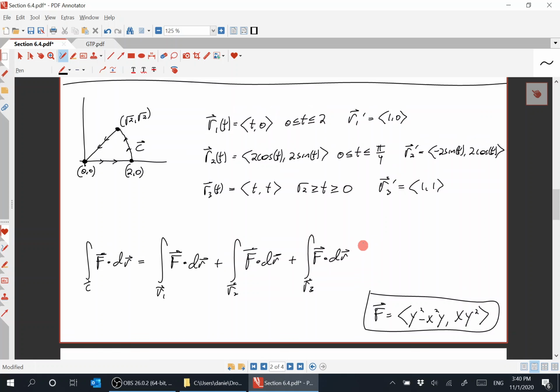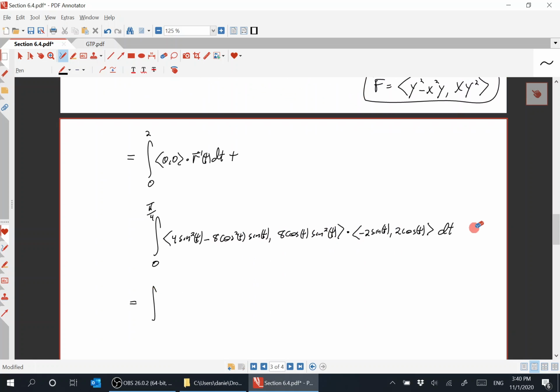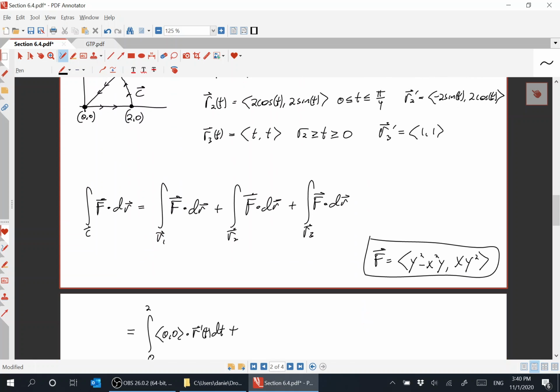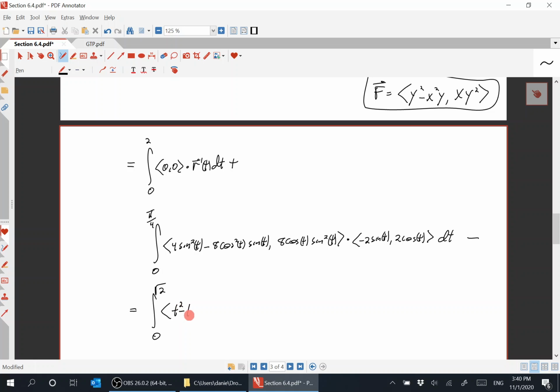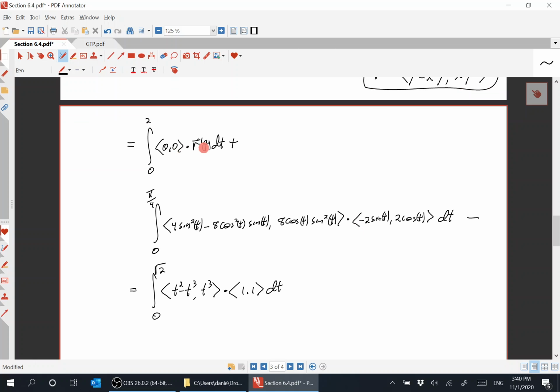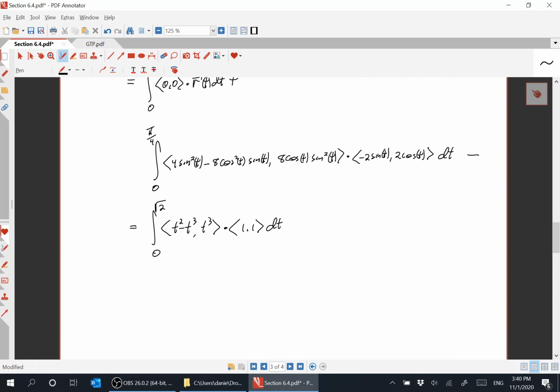But I want to flip that around, so instead of adding it, you have to subtract it. So now going from 0 to square root of 2, here x is equal to t, y is equal to t. So this is t squared minus t to the third, and that's t to the third, dot r prime, which is (1, 1), dt. This one is just 0. The vector field is 0.